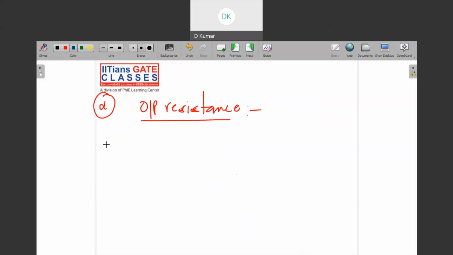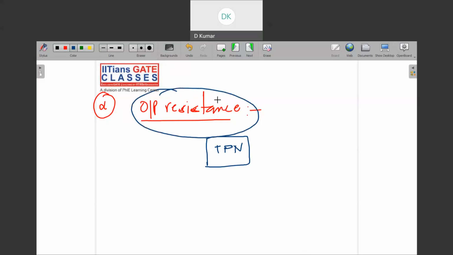We have already seen finding equivalent resistance in different big networks using certain theorems such as the Thevenin theorem, Thevenin equivalents, right? If we have a two-port network again, TPN, then in the case of output resistance we have to consider this resistance as the Thevenin resistance.